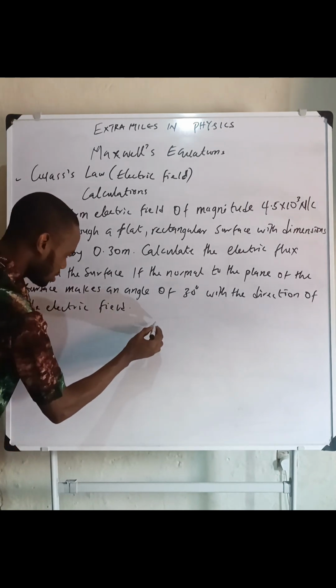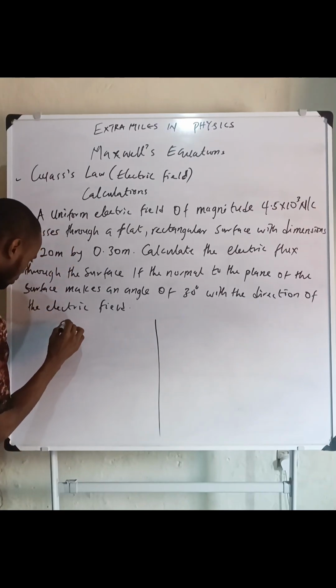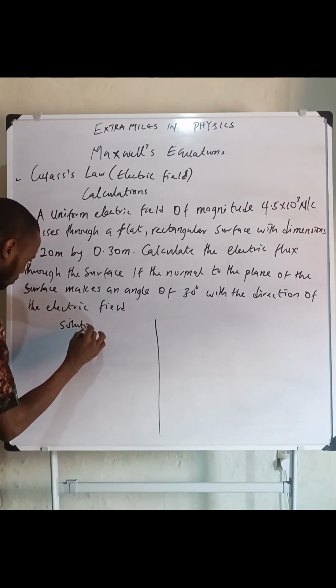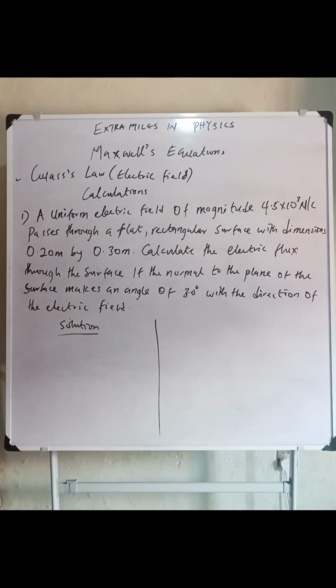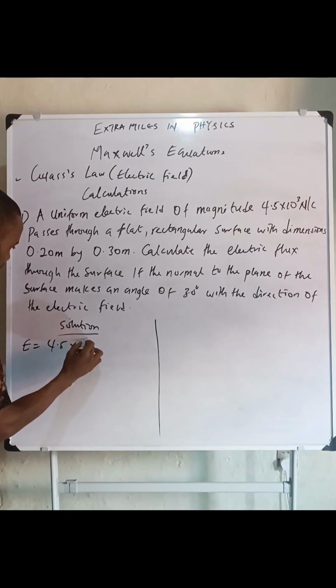Now let's quickly do this. So we have our solution here. Now let's bring out our parameters. They gave us magnitude of what? This is the electric field. So my E is equal to 4.5 times 10 raised to power 3 Newton per Coulomb.